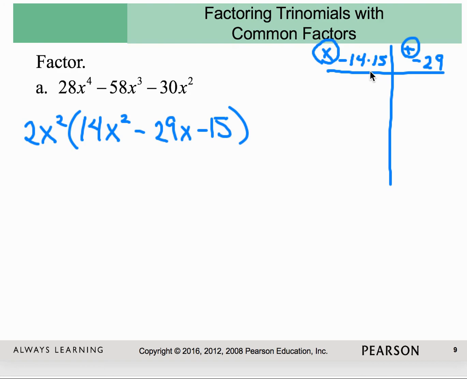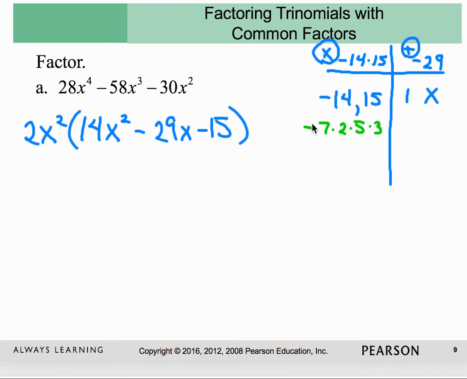Okay, so remember, I got this number, whatever number that is, from 14 times 15. Oh, but that's a 1, so that's not my numbers. But now I can look at different combinations of this. That's 7 times 2, and that's 5 times 3.